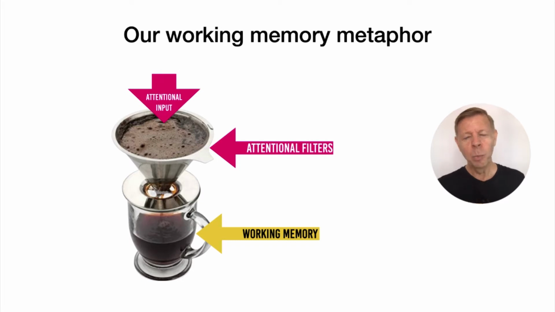Now, a better model for attention, just to again recall the thinking from that previous video, is a torch in a dark room. So if you imagine being in a dark room and passing your torch around the room, whatever you're seeing in the torch beam is what attention is doing for you. It's giving you access to something in the beam and it's ignoring stuff outside the beam. So that's probably a better metaphor for attention.